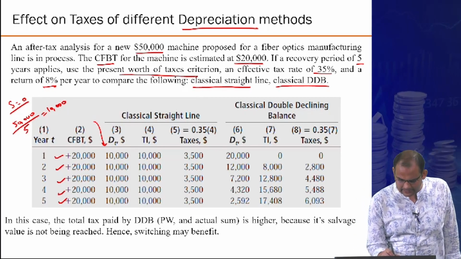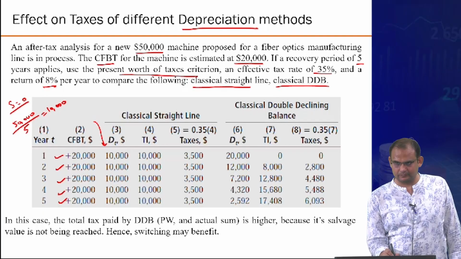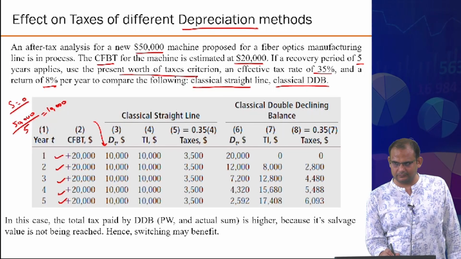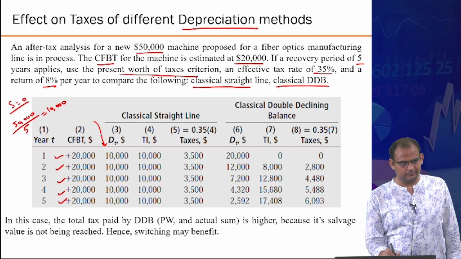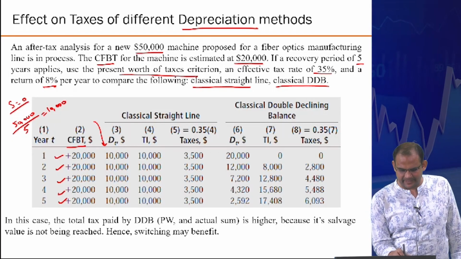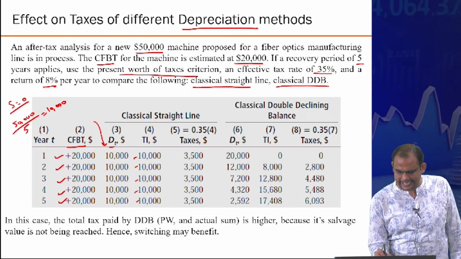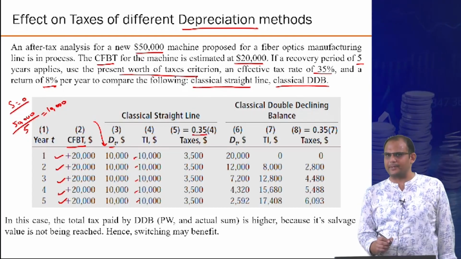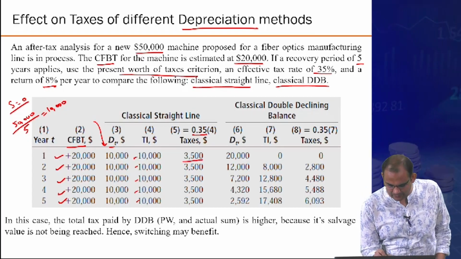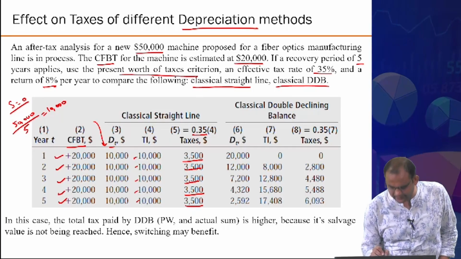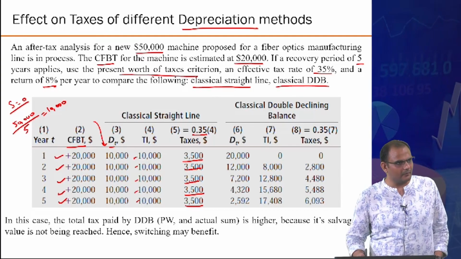So, taxable income is what? CFBT minus DT. So, this also becomes $10,000. The tax rate is given to be 35% uniform. So, the actual tax amount that you are paying is $3,500 uniformly, right?